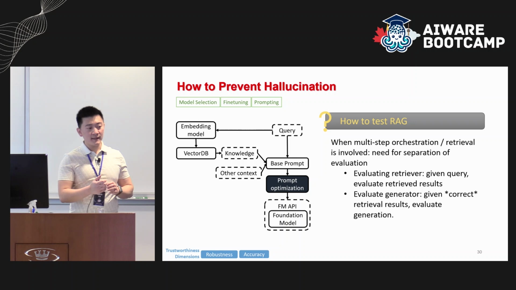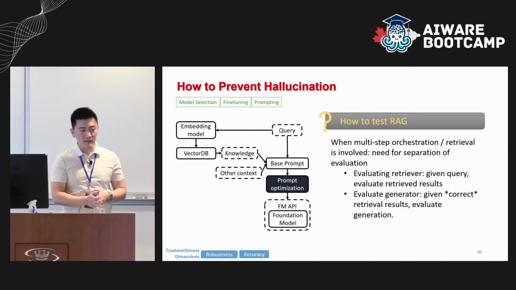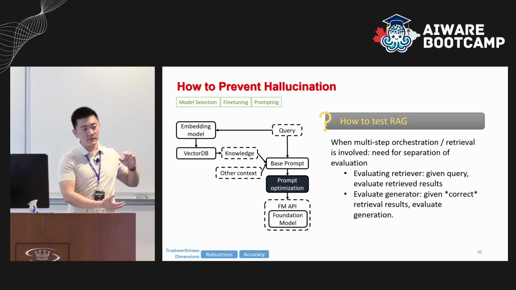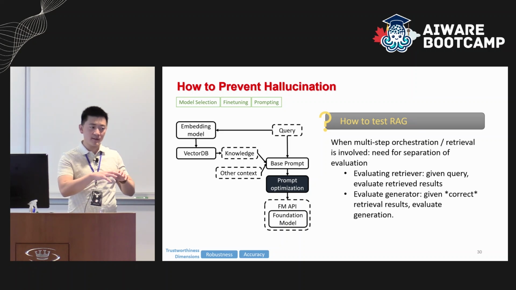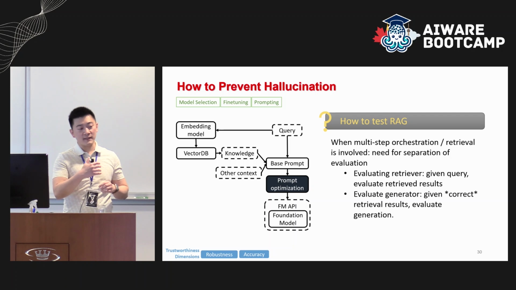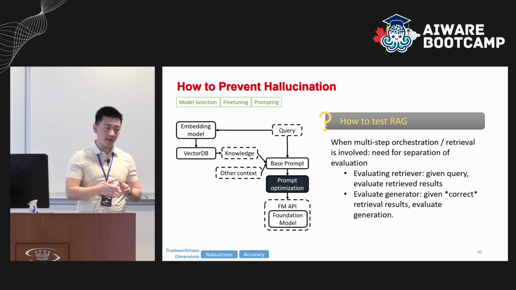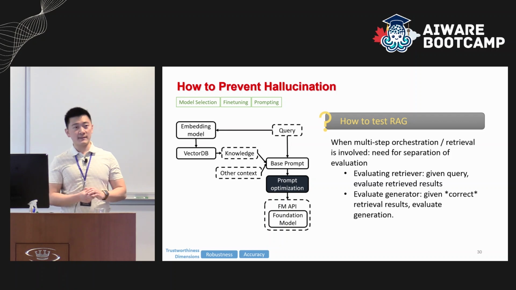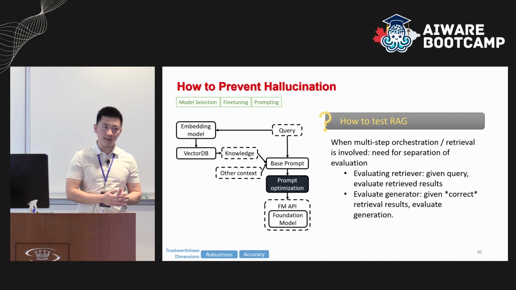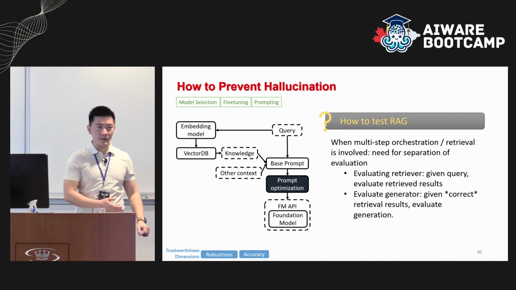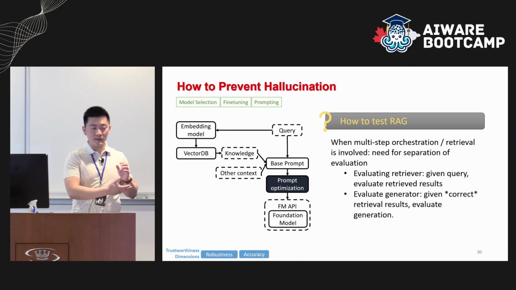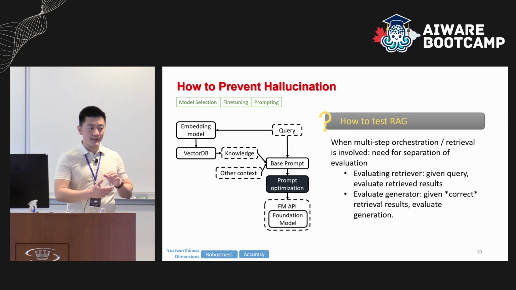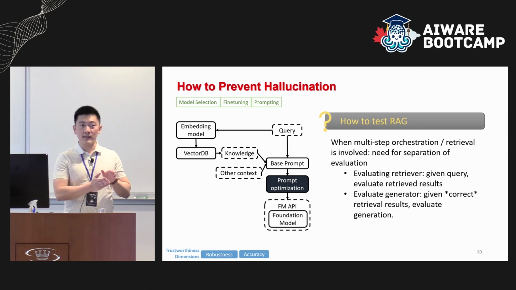But as you said, if you have a bad retrieved result, a lot of times it wouldn't be very useful to answer the questions. That's why, if you're testing the whole RAG system, you have to separate out testing the retriever and the generator. And when you test the generator, you have to get rid of the retriever and always feed the correct context. But the retrieval pipeline itself is a very complex system architecture. You can use a lot of different information retrieval techniques there. You can even get rid of the vector DB and put in a knowledge graph, or a whole search engine, or all the different things you want. But this pipeline will be very specific to the application you're building.